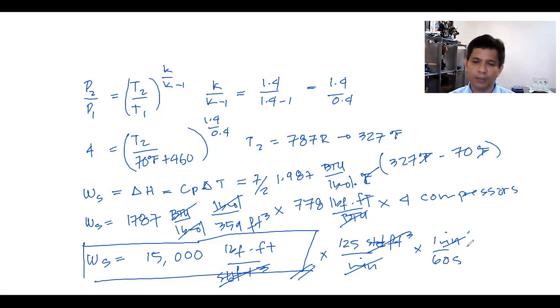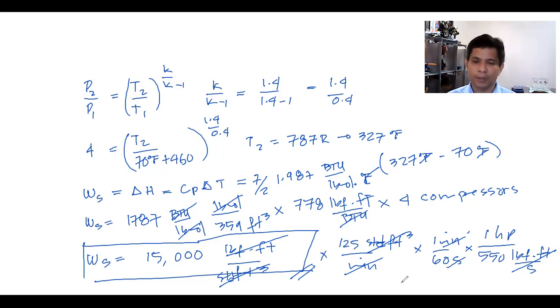And then you use the standard conversion. 550 pound force foot per second is equivalent to 1 horsepower. So magka-cancel out ito, yun, saka ito. So you will have the horsepower. Ito yung sa apat na compressor.